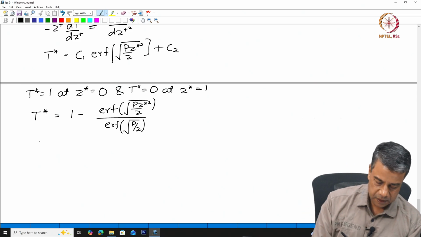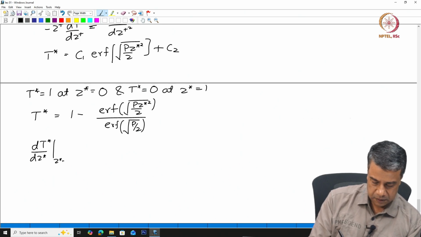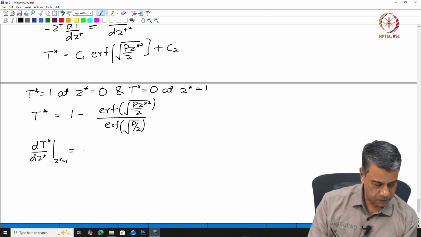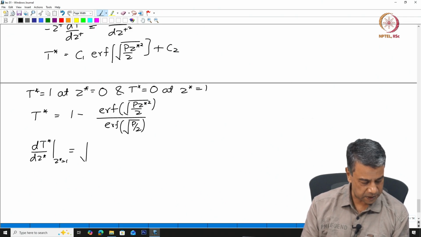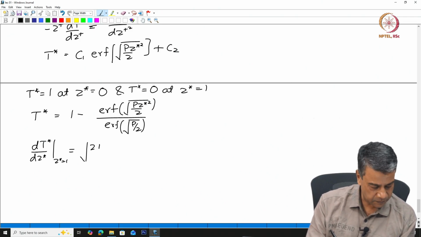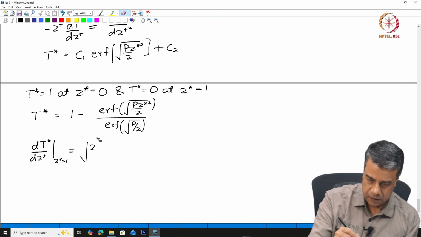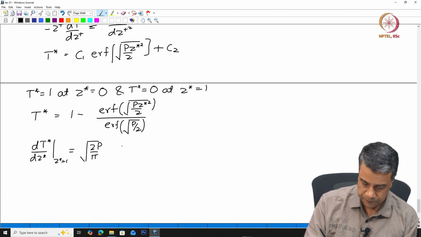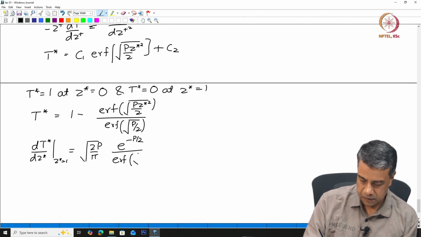So the scaled heat flux dT by dz at z equal to 1, I can just differentiate this with respect to z and set z equal to 1, is root of 2p by pi, into e power minus p by 2, by error function of root of p by 2.